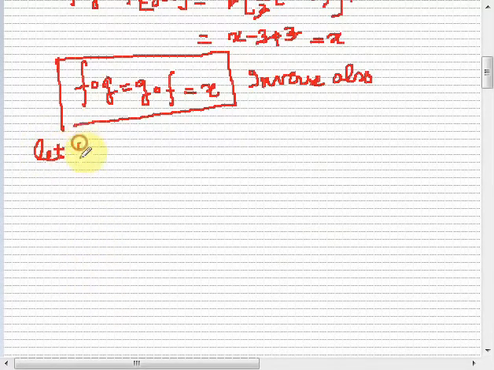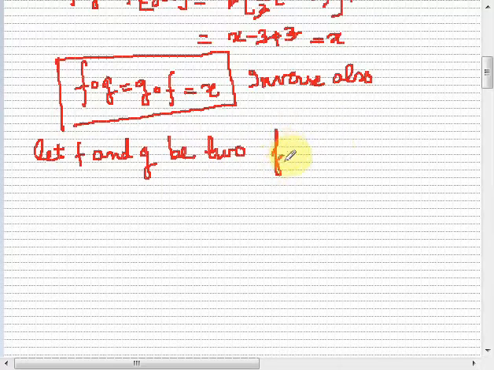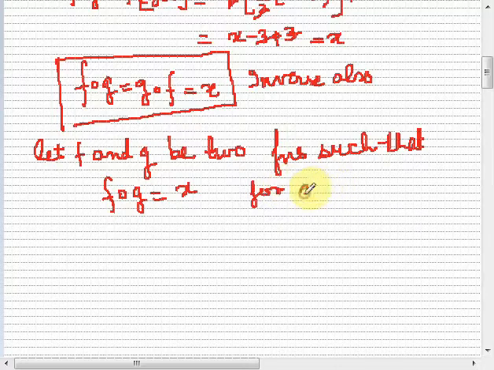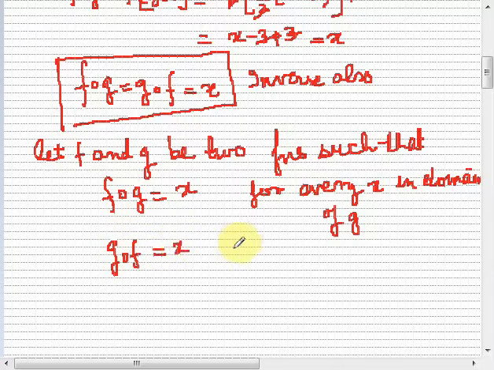Let f and g be two functions such that f of g is equal to x for every x in domain of g, and g of f is also equal to x for every x in domain of f.